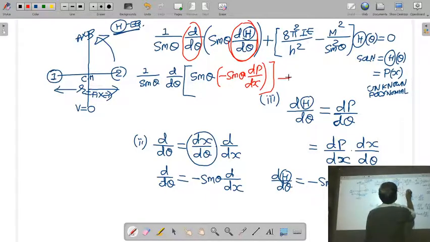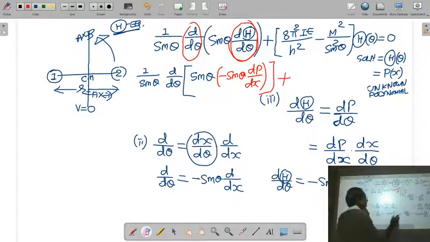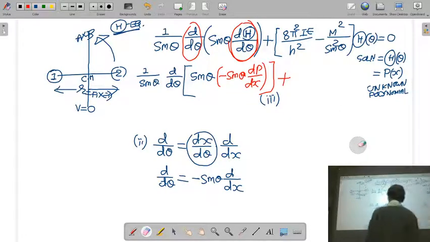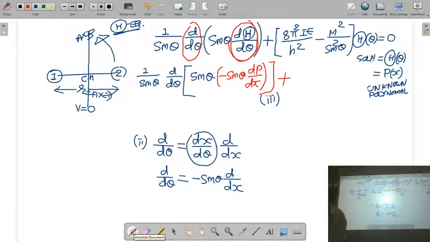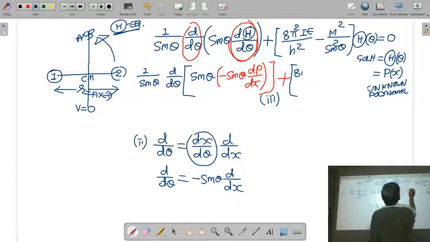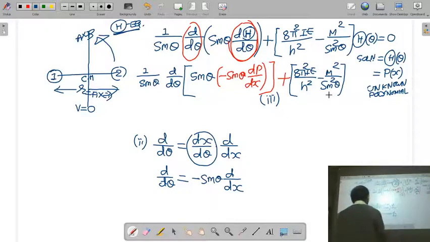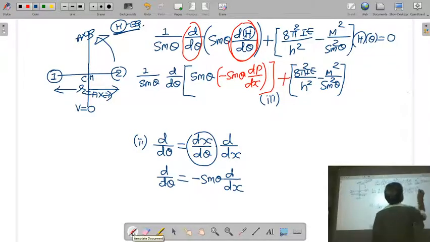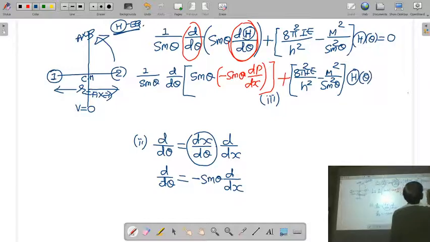Plus the second term, 8 pi square I E upon h square minus m square upon sin square theta, capital theta is equal to 0.